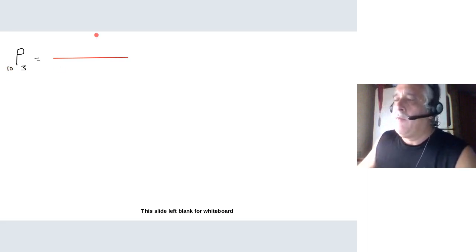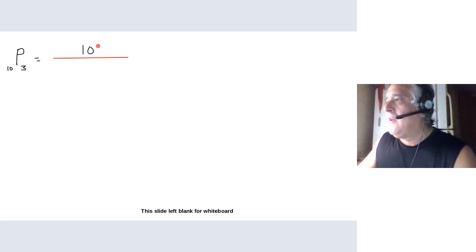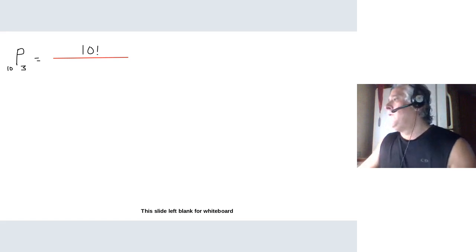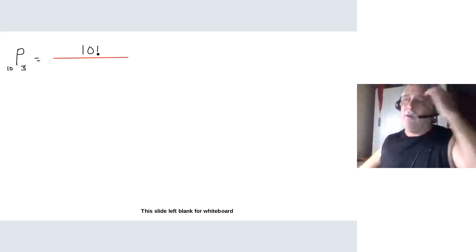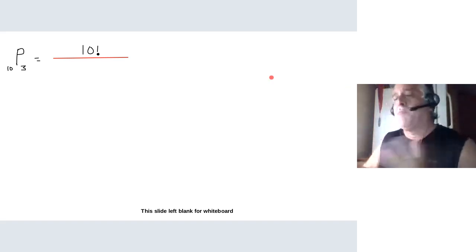What it works is this number here, the largest one, is going to go up here, but it's not just a 10, it's a 10 factorial. I'm going to show you a quick way to do it by hand. It's almost as quick as the calculator, but not quite. But I'm going to explain why it works this way.